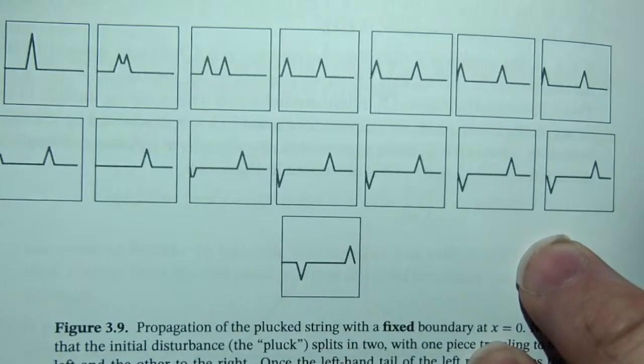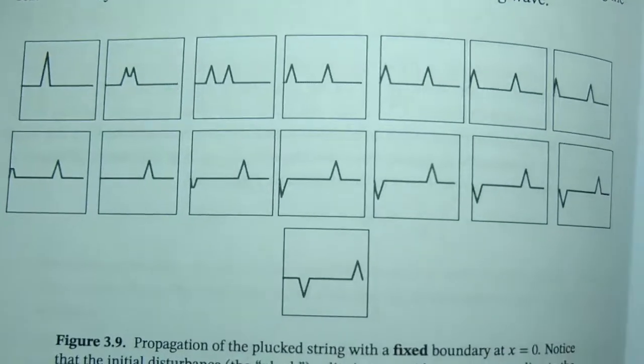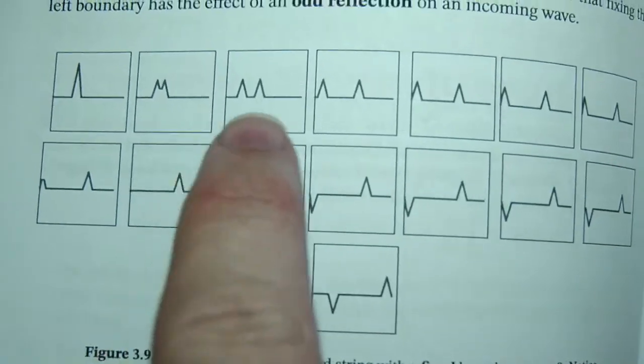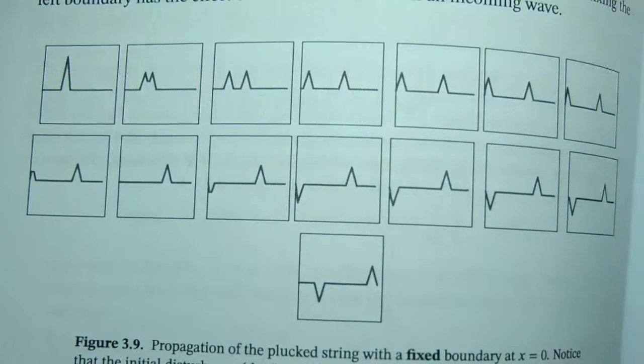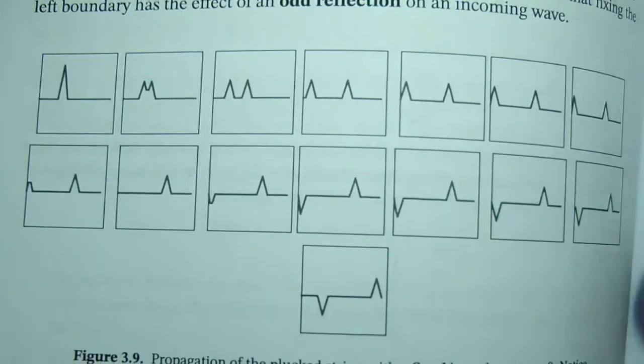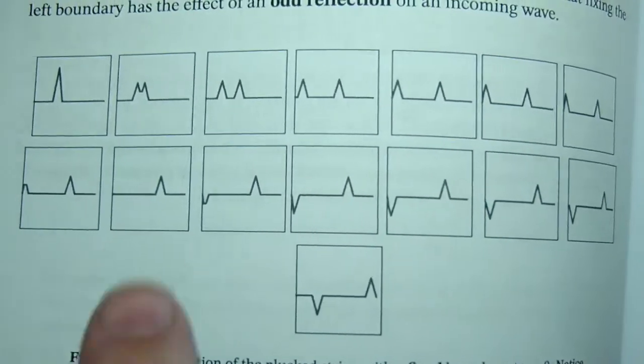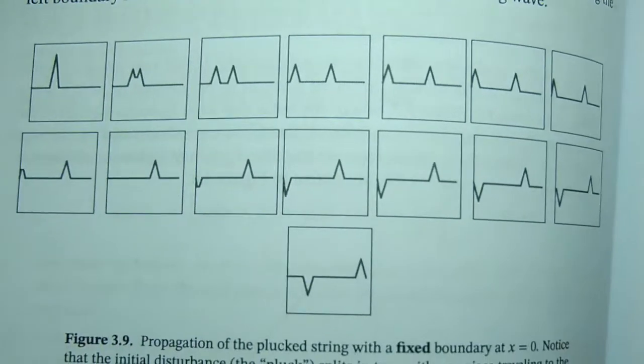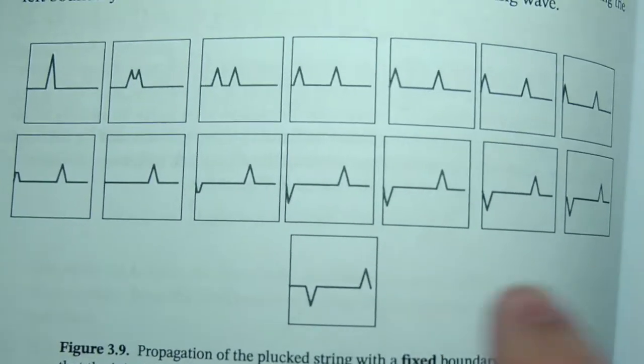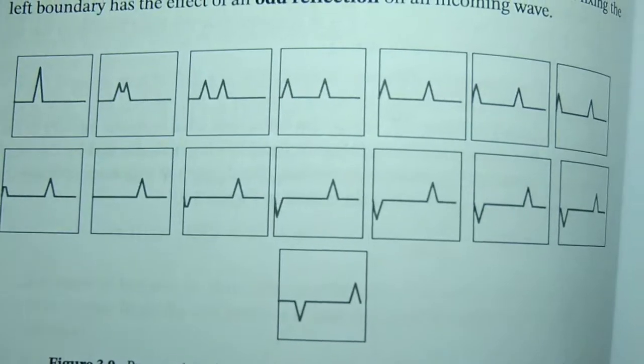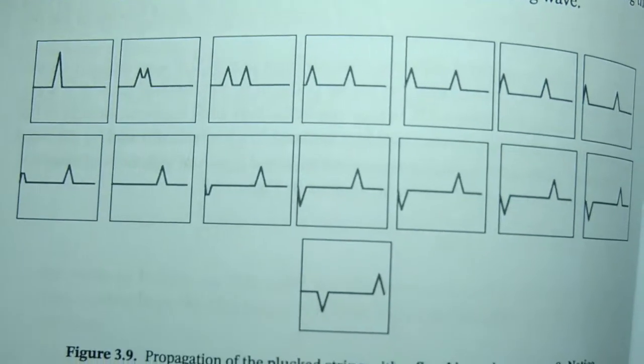Just see what is going on. This wave traveling to the left gets absorbed by this fixed boundary, and then its odd reflection gets ejected back and moves to the right.